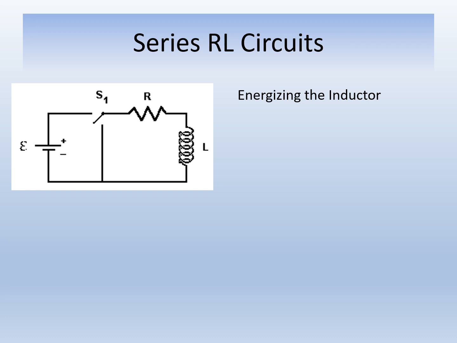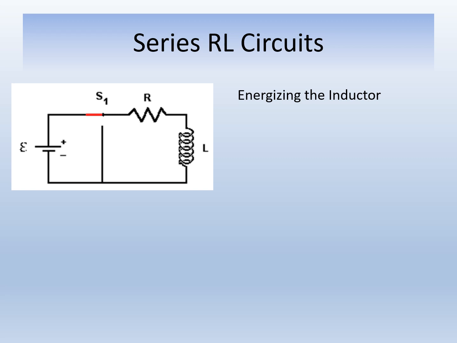Resistances can come from actual resistors, from the resistances in the wires, or from the internal resistance of the battery, etc. And all such resistances are represented by the resistor R. Ideally, an inductor does not have a resistance. So it is just a wire, but that wire is wound into the form of a coil.